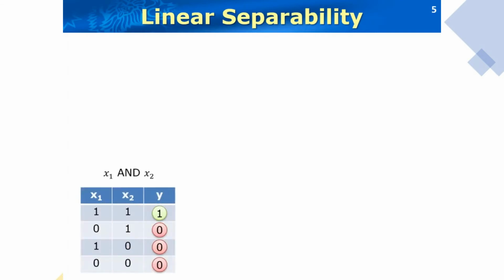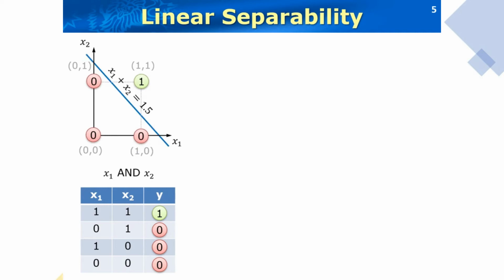The AND gate is linearly separable because when we depict its four training data points in two dimensions, we can separate them using the line x1 + x2 = 1.5, such that the point with the green label is in one half space and the 3 points with red labels are in the other half space.